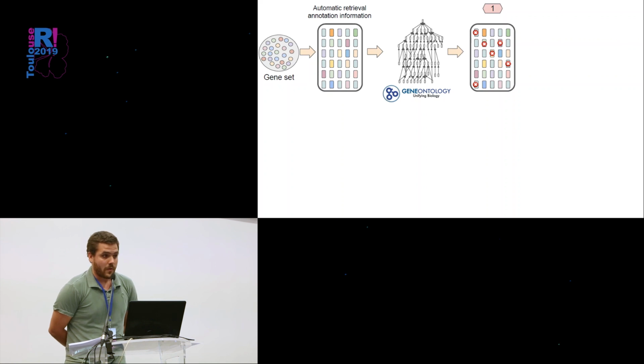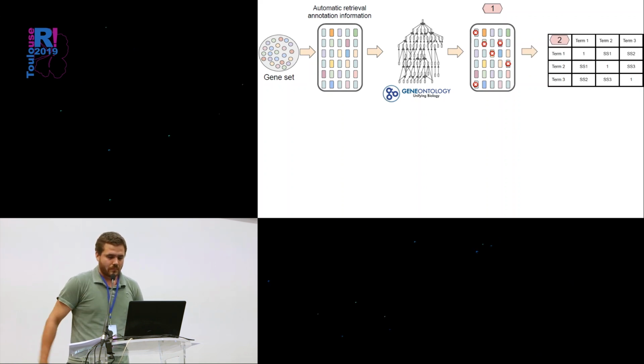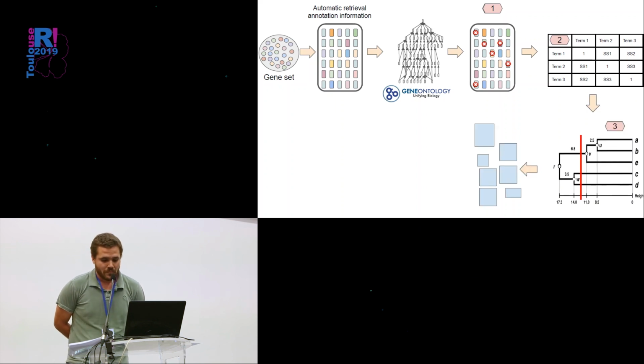Then, for a given gene set, we have a list of Gene Ontology terms, and we use a semantic similarity measure in order to obtain a matrix of similarity between Gene Ontology terms. We use this matrix as input in a clustering method, especially hierarchical clustering, to obtain a hierarchy of similar terms.